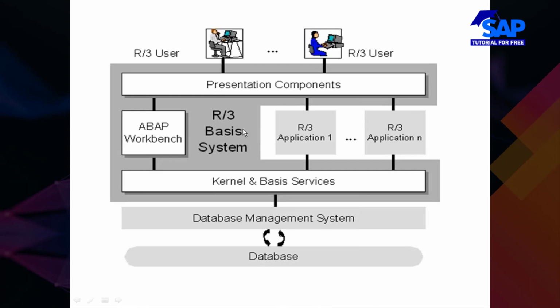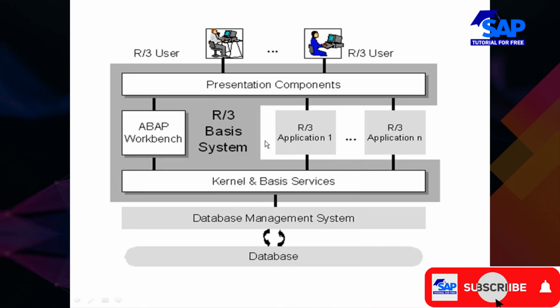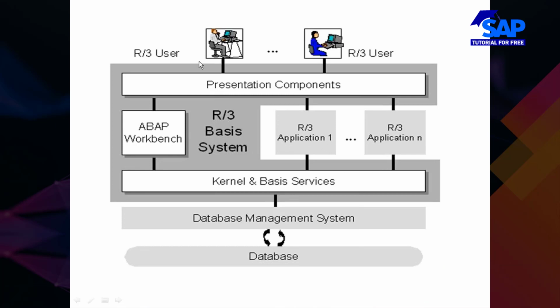The same message server will also establish communication between the application servers, if you have multiple. Otherwise, the message server's responsibility is to collect the command from the end user and pass it on to the respective application server, and from the application server, when the query is built, it will go into the database.